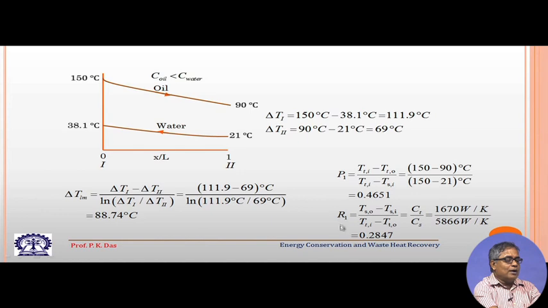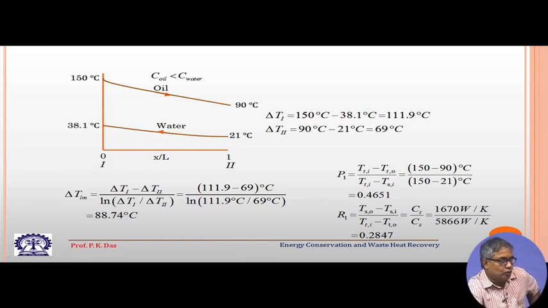Then R 1 we can get simply from the ratio of heat capacity rates, C minimum and C maximum. This also can be obtained in terms of temperatures. If we calculate R 1, we get 0.2847. So, P and R we have calculated for the problem.